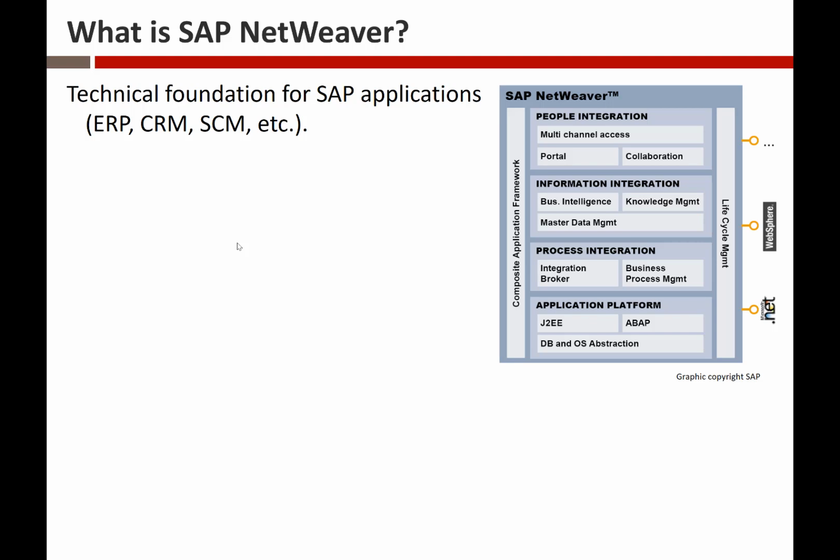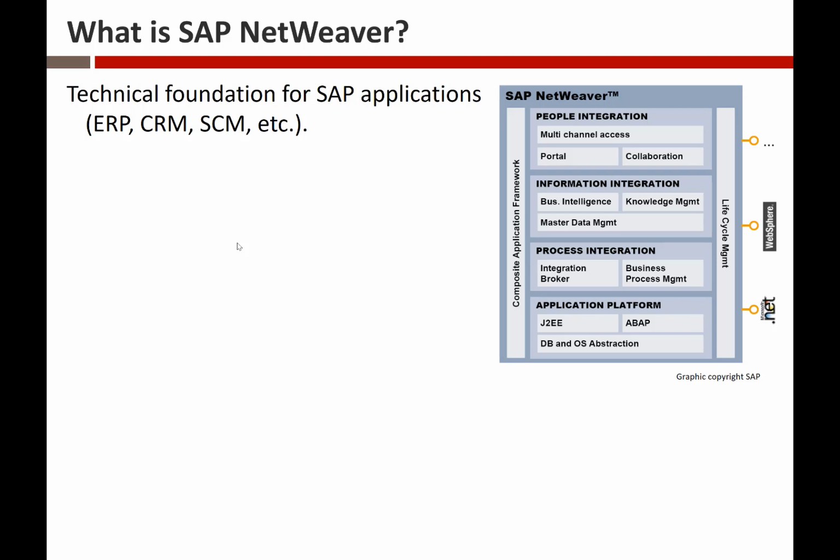SAP NetWeaver, you could think of it as being similar to an operating system, although it is not an operating system in that it sits on top of the operating system. But what you essentially have is an environment where SAP NetWeaver provides the technical foundation for all SAP applications.